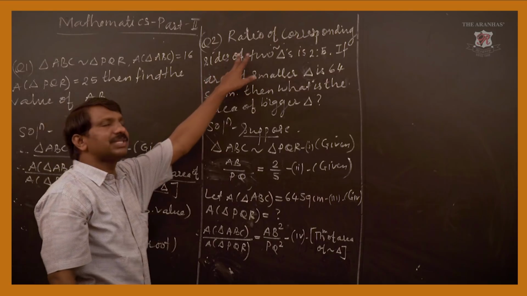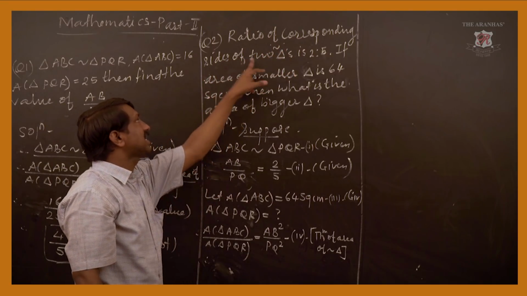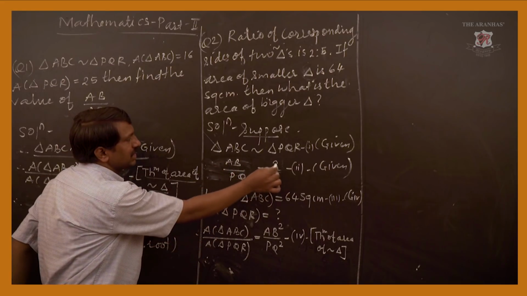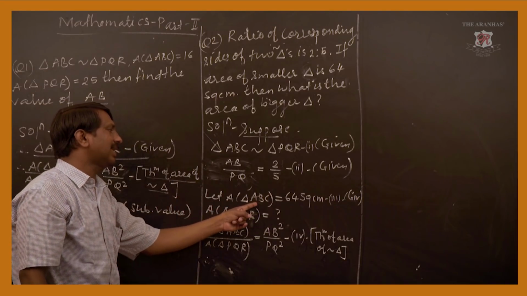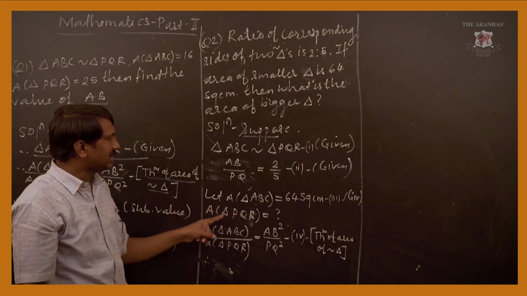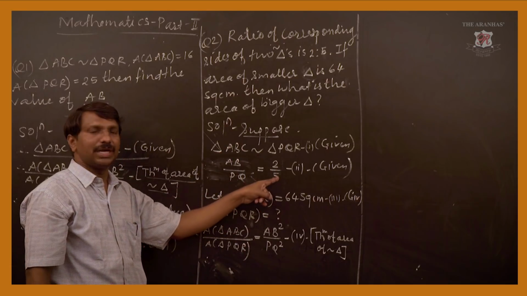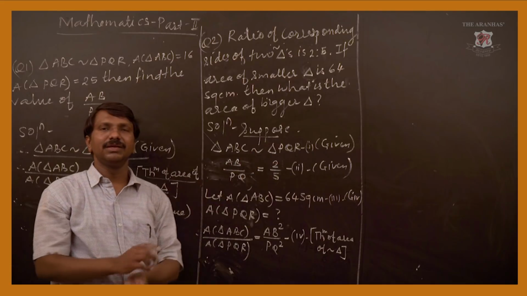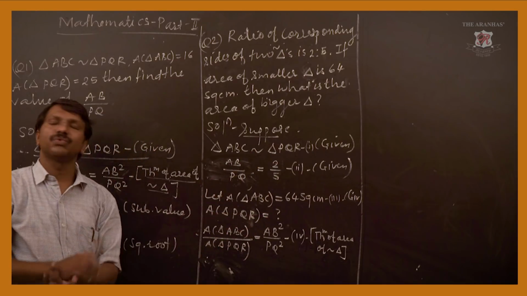So we consider AB upon PQ, which is given as 2 upon 5. The rest is as it is: the first triangle ABC has area 64, and the second triangle we realize is bigger, since the ratio for PQ is 5, which obviously means triangle PQR is the greater. So the area of triangle PQR equals question mark.